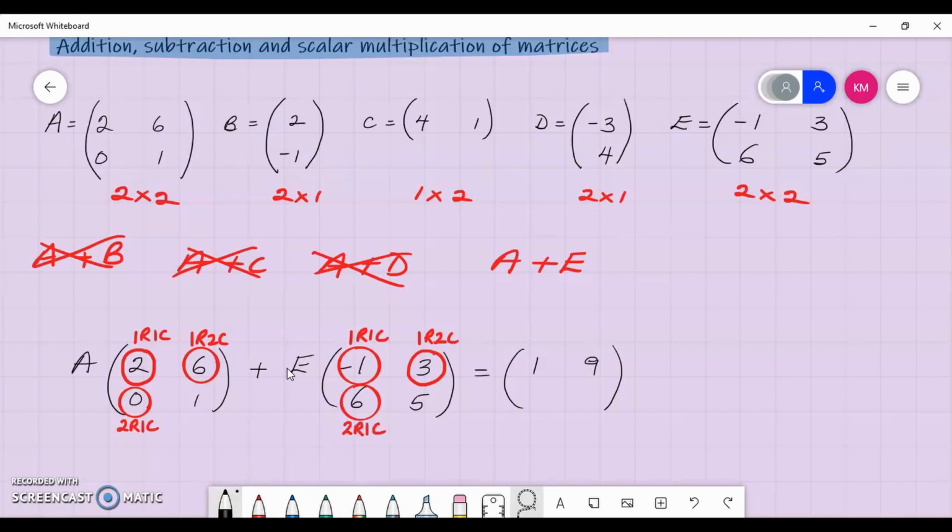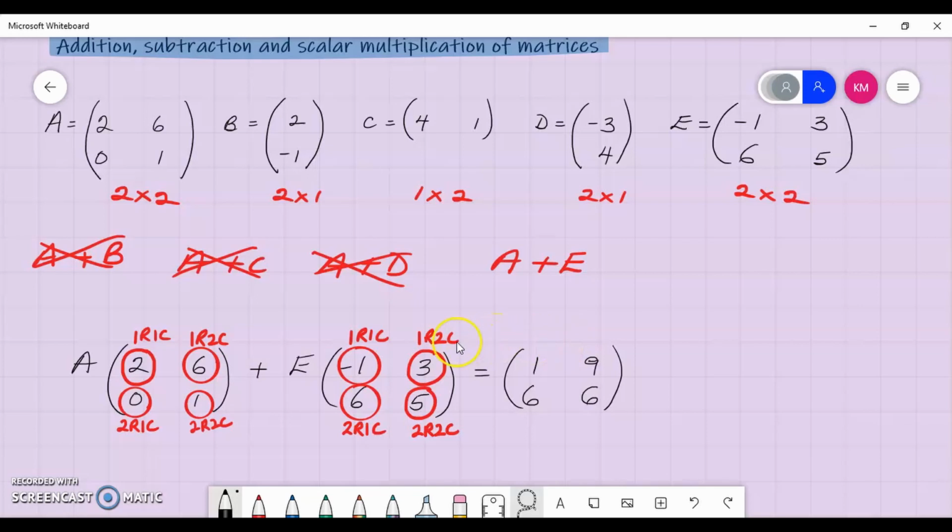So 0 and 6 will give me 6. Next, 1 is in my second row, second column, and 5 is in my second row, second column. So I'm going to add 1 and 5 to give me 6. And this is my result of adding A and E.